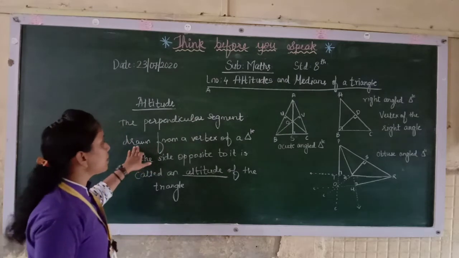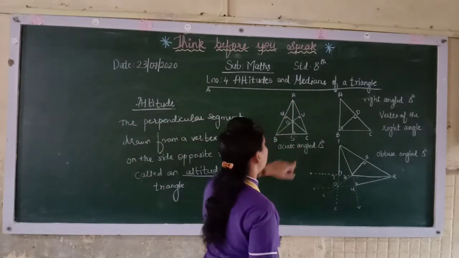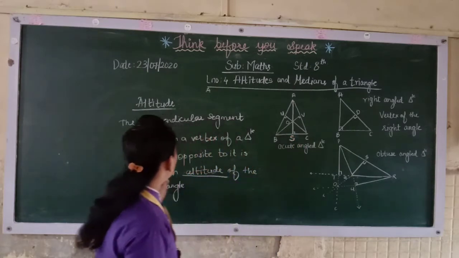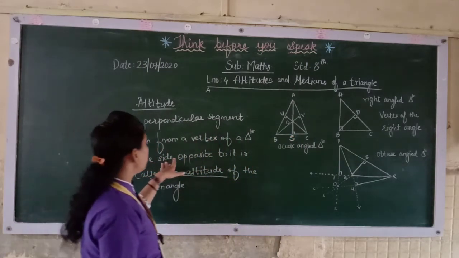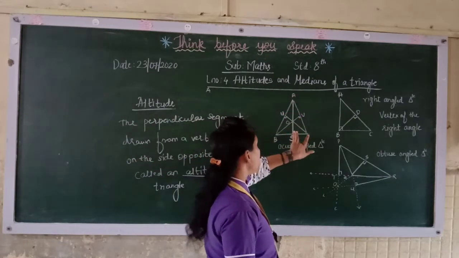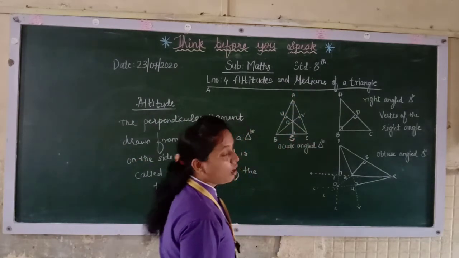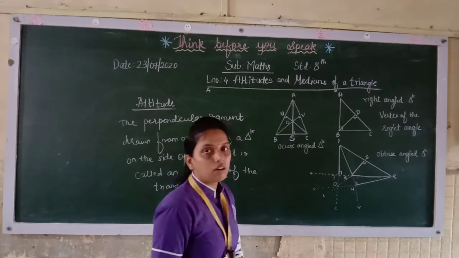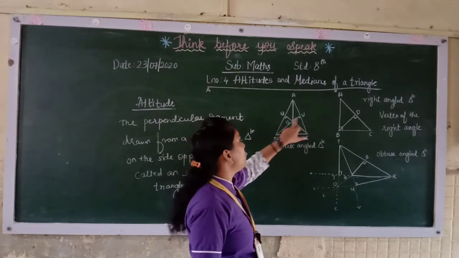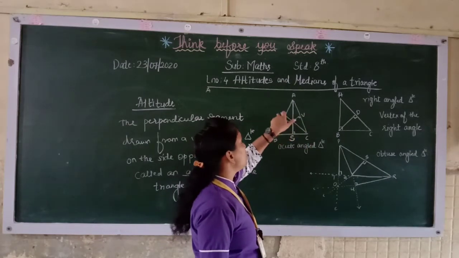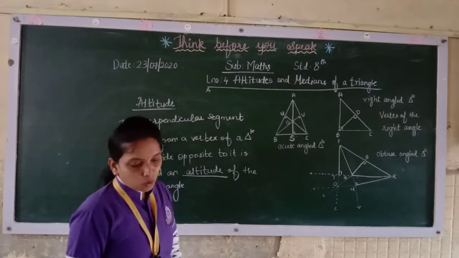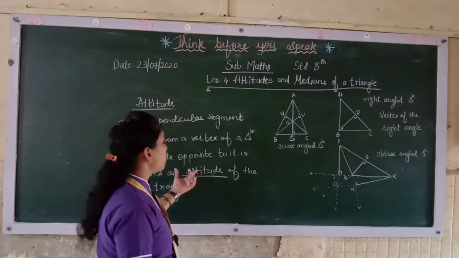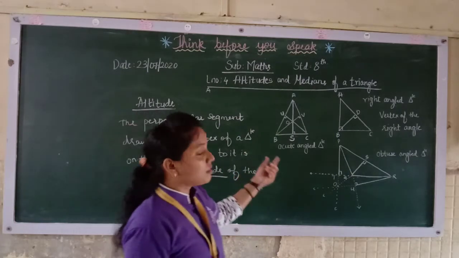So the perpendicular segment drawn from the vertex of the triangle, for example, you will see here it is AS, drawn from the vertex of a triangle on the opposite side. So the opposite of A is BC. On that you are drawing a perpendicular. So here you will find AS is the altitude. Then we will have BT as the altitude, CU is the altitude. So the perpendicular segment drawn from a vertex of a triangle on its opposite side is known as an altitude of the triangle.